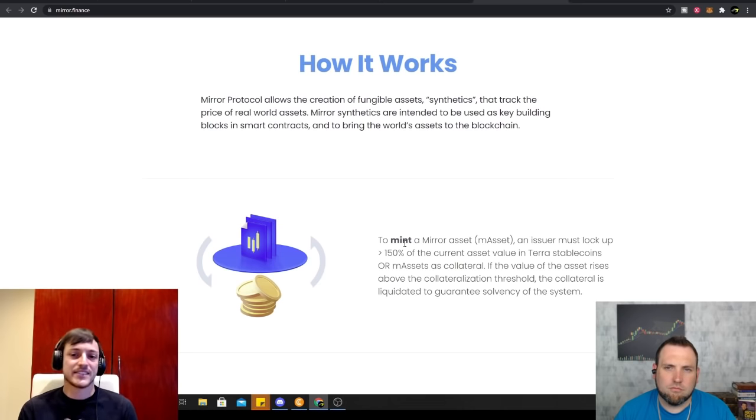The way it's done is someone will have some capital, and they'll lock up that capital as collateral to then mint the synthetic asset, which can then be traded on an exchange. So basically the point of it is to give people in the crypto markets a way to invest in the stock market as well.